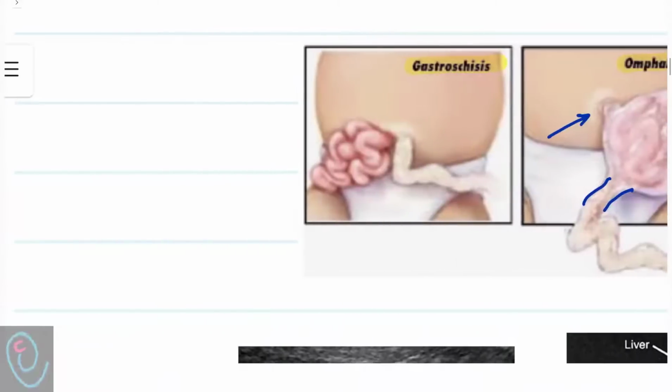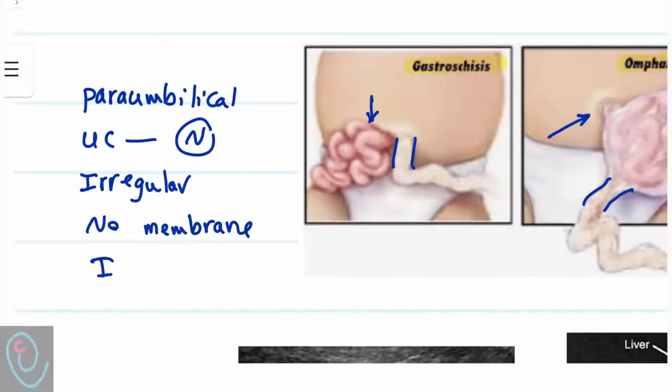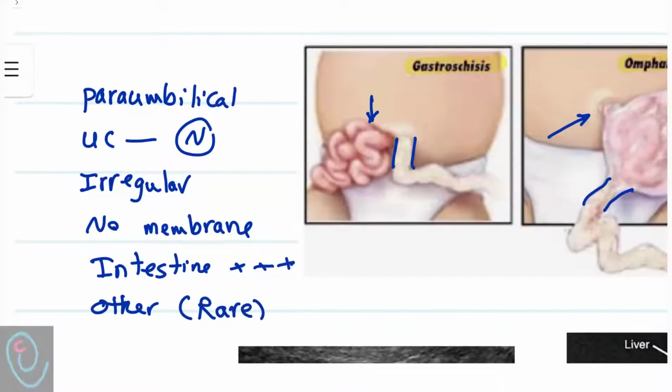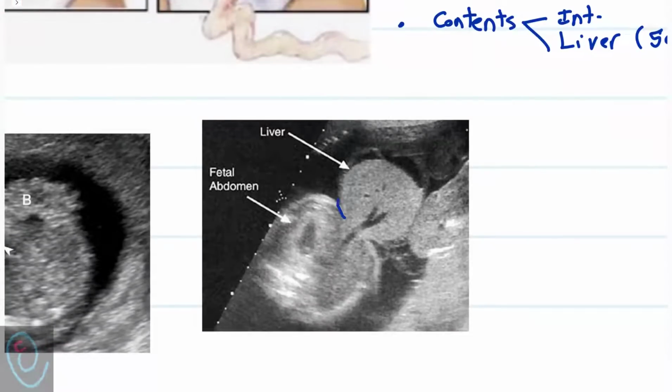On the other side, gastroschisis, as you see, is para-umbilical. The umbilical cord is normal. The surface is irregular, there is no membrane, and it contains intestine. Other organs are rare.